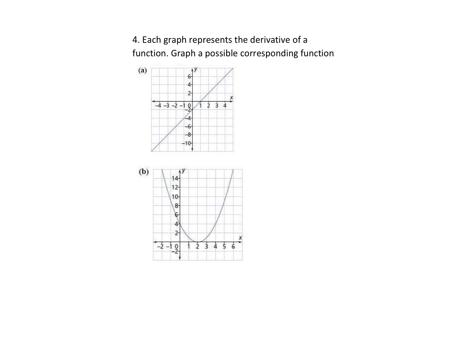Okay, in this question, it's the reverse question where we have been given the derivative and we want to graph the original function. So we're going to reverse what we just did. In this question, the derivative is linear, so I know the original must be a quadratic.